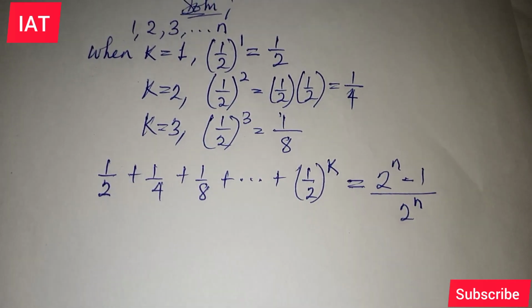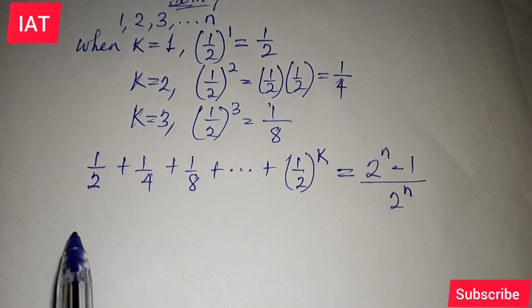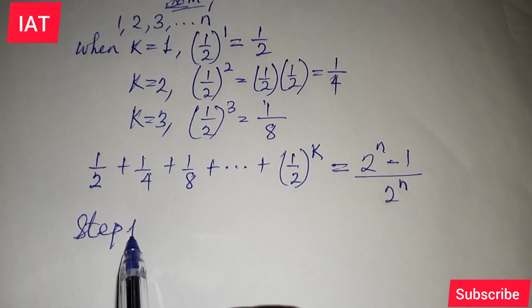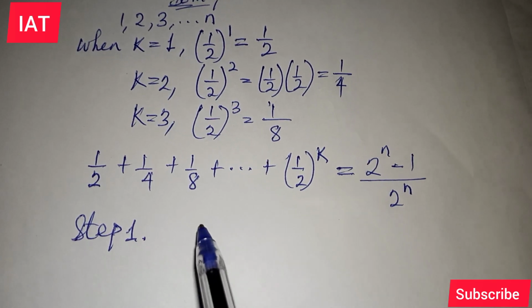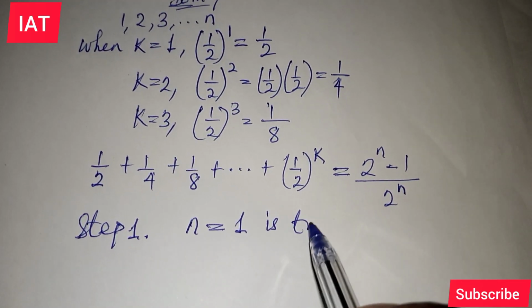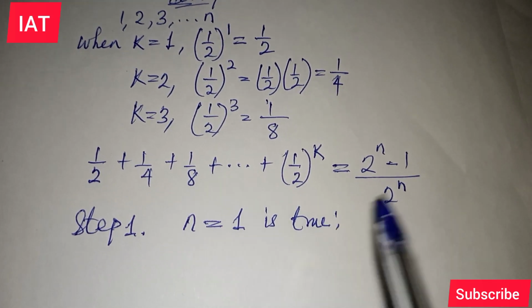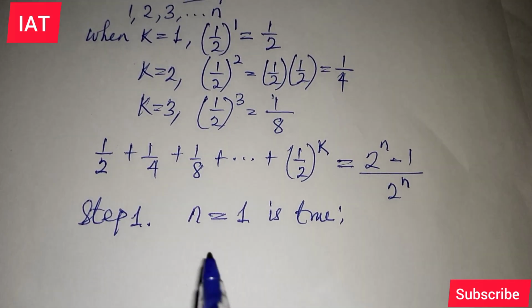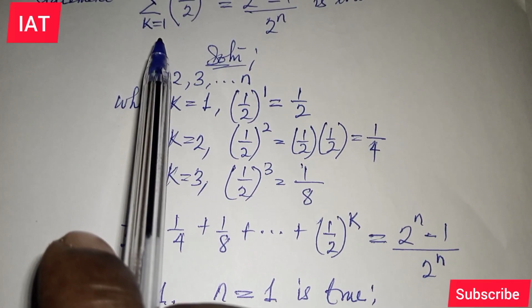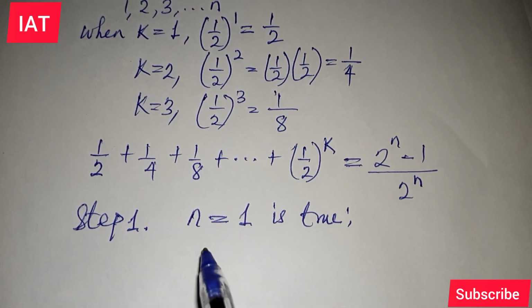Okay, so this is where we start solving the problem. In step 1, we want to show that n equal to 1 is true. We want to show that n equal to 1 is true. So what do we need to do first? We have to prove by induction. Already from this summation, notice that k is equal to 1.